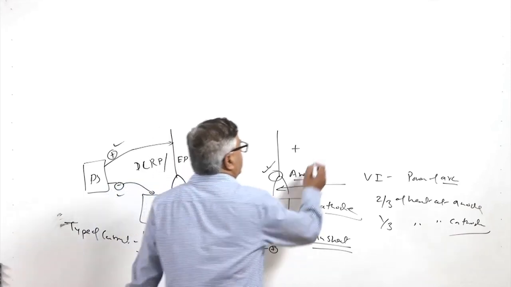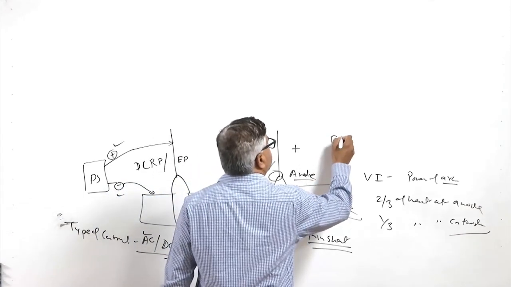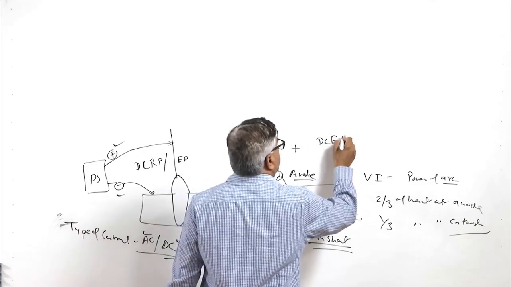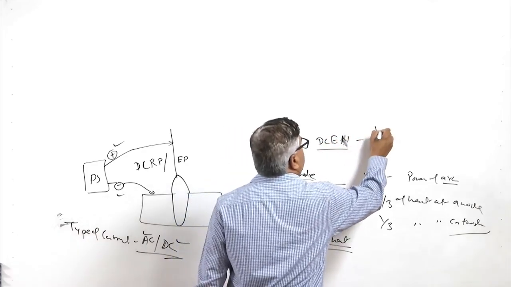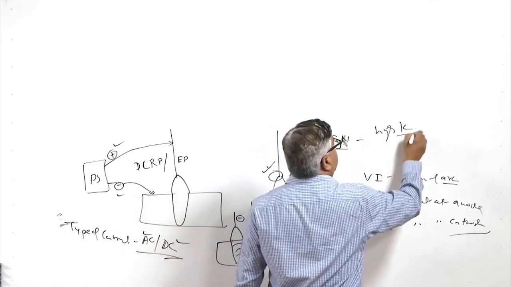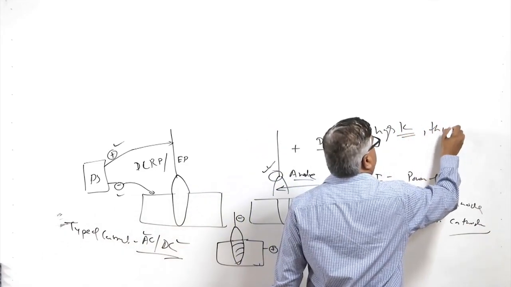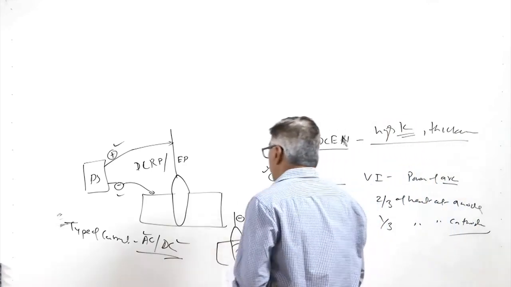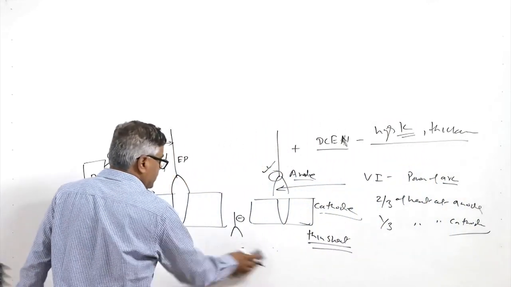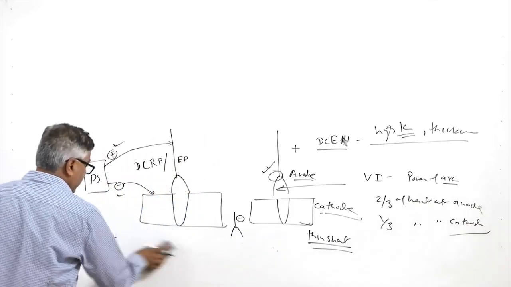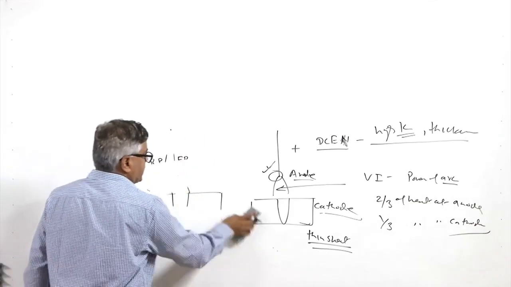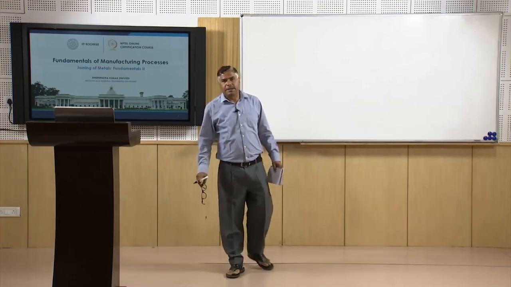So DC EN is preferred when high conductivity metals and greater thickness of plates are being welded. Now I will summarize this presentation.